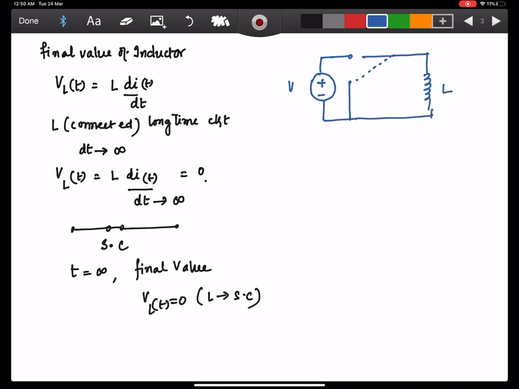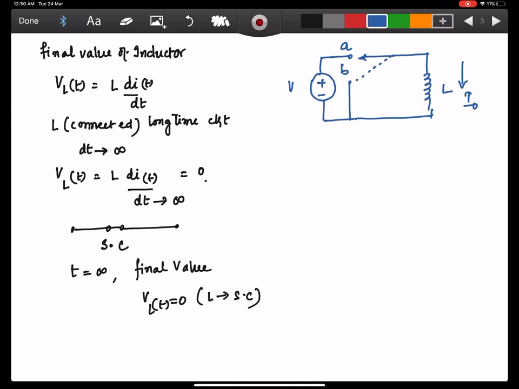This is inductor L, and this is a switch which is connected to a point A. At this particular point, since your inductor is connected so long with the source, it has a value I0 flowing through the inductor because it has already reached its steady state.